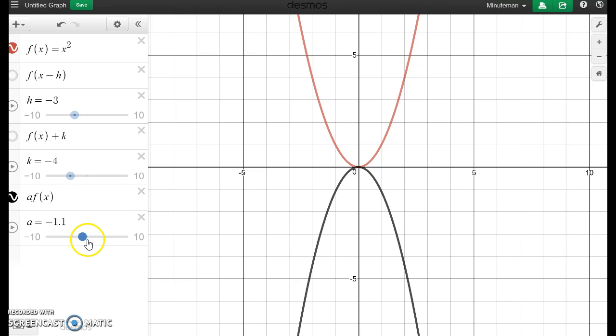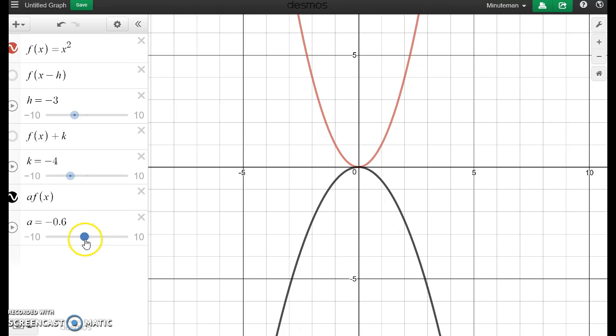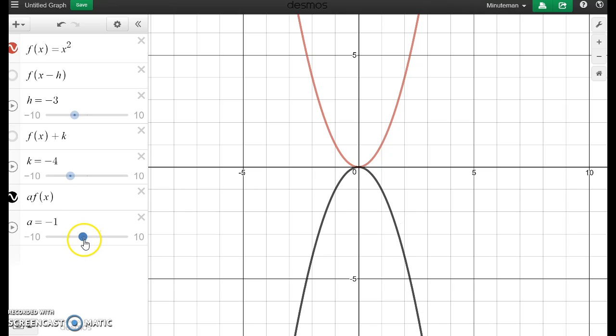So the rules still work. Values more negative than -1 will make skinnier functions. Fractions, values between -1 and 0 will make wider functions. But if it's just -1, you notice it's the same amount wide, just flipped.